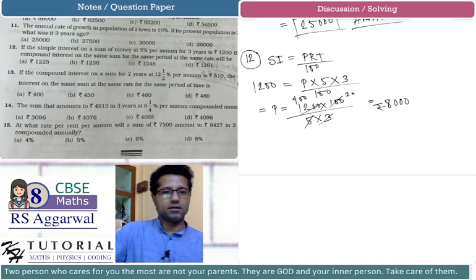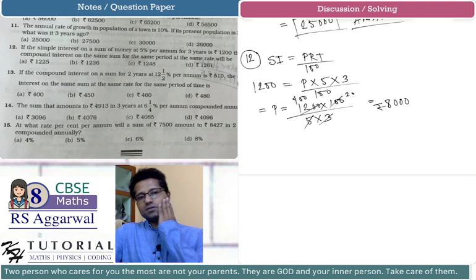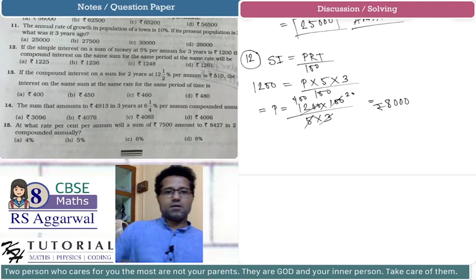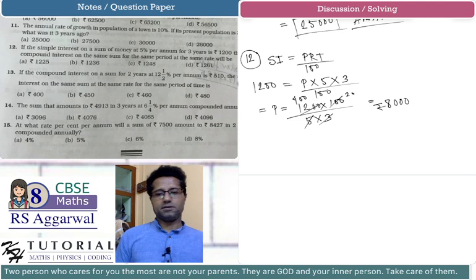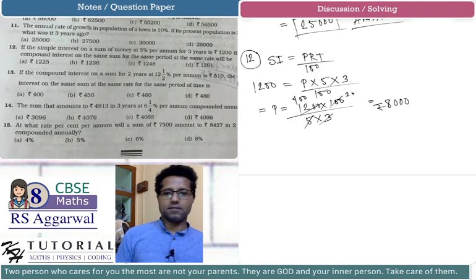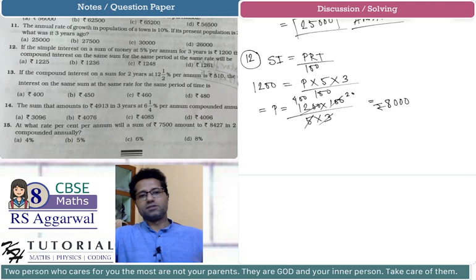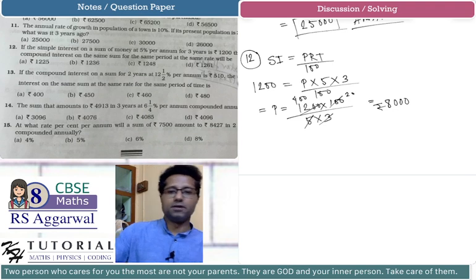Now it is asking what is the compound interest on the same sum for the same period, that is T is 3 years, so the sum is 8000 at the same rate, R is 5% per annum. It is not given whether the interest will be compounded annually, quarterly or half yearly. If nothing is given, by default we assume that the interest is compounded annually.